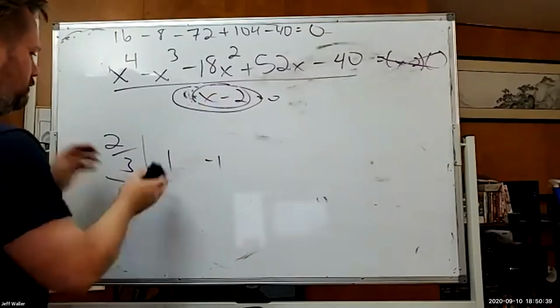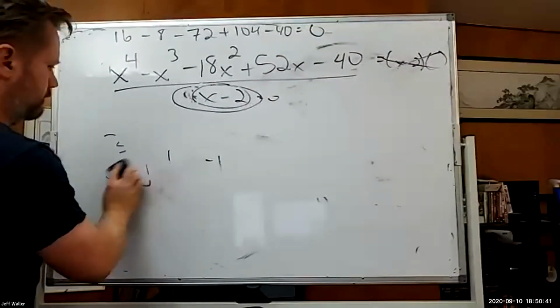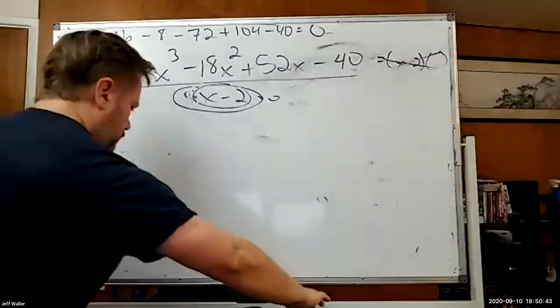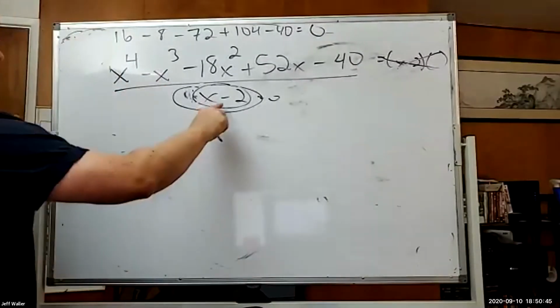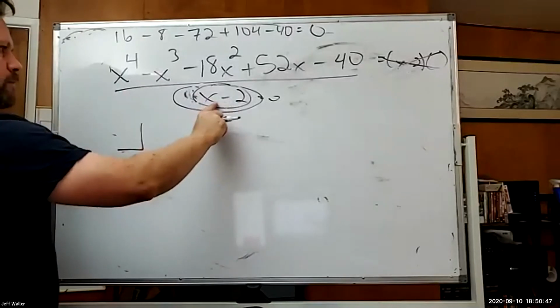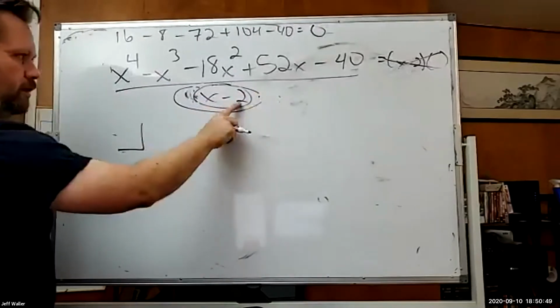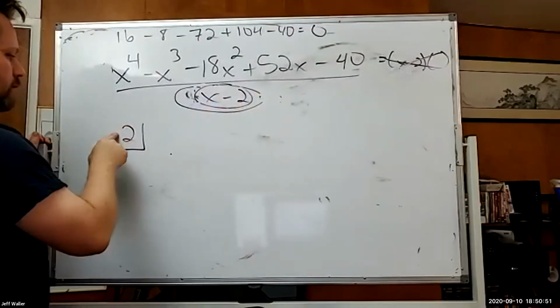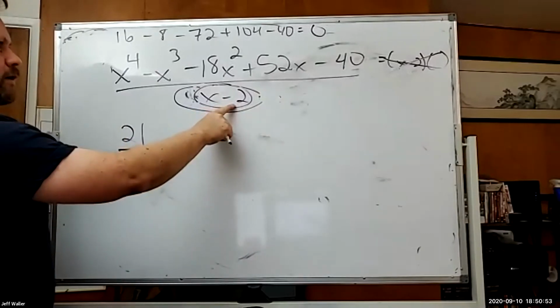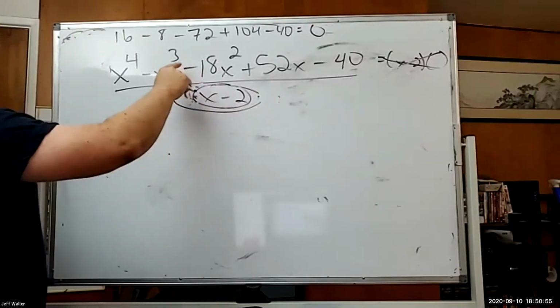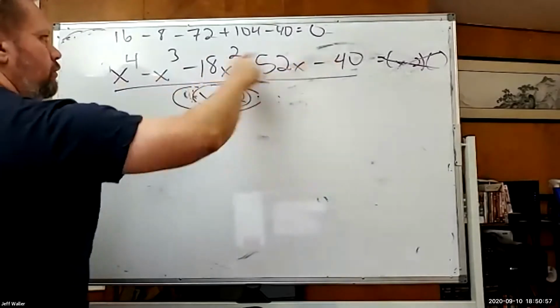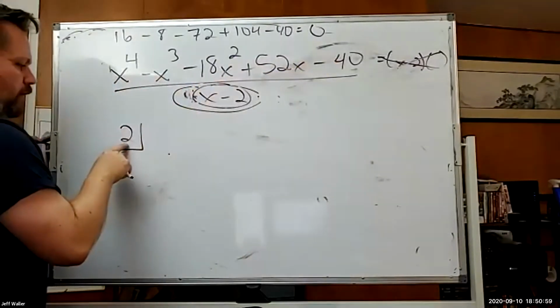So whatever this is, I'm going to put in there what makes it 0, really, is what I'm doing. The opposite. Yeah. So it's the thing that makes it 0, which is kind of like 2 made this whole thing 0, so that's why that's a positive 2.